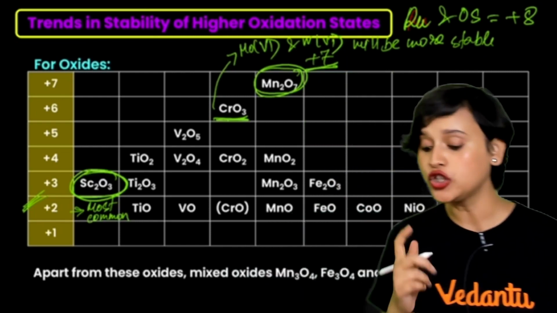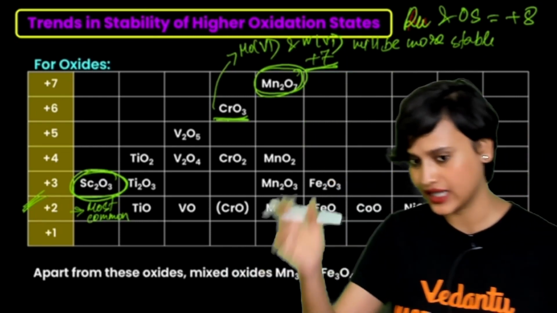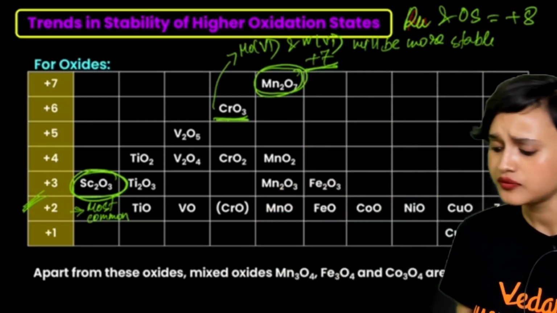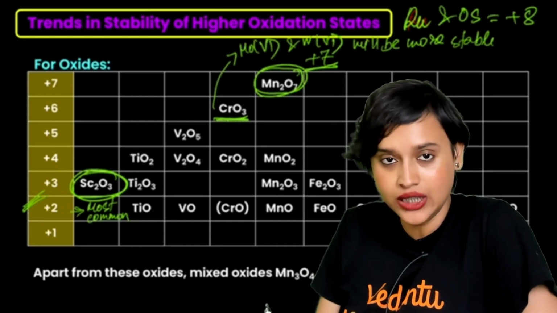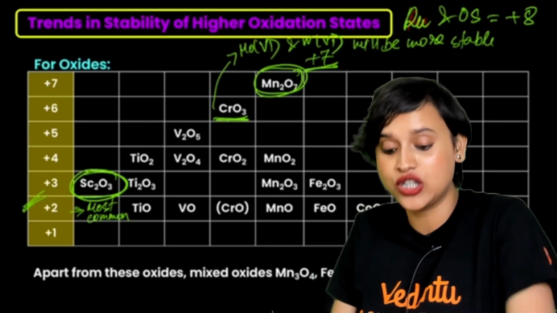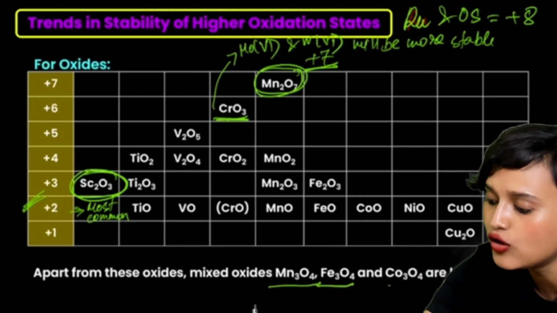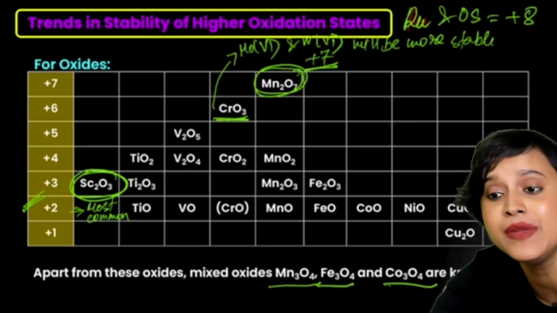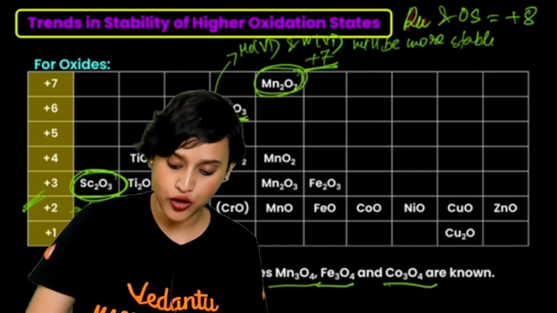Now coming to the oxides, these are the oxides that all exist. Everyone can see it, right? Apart from this, there is also something called mixed oxides, which you can see right here. Mn3O4, Fe3O4, Co3O4 are mixed oxides. For example, Fe3O4, how do you write it?